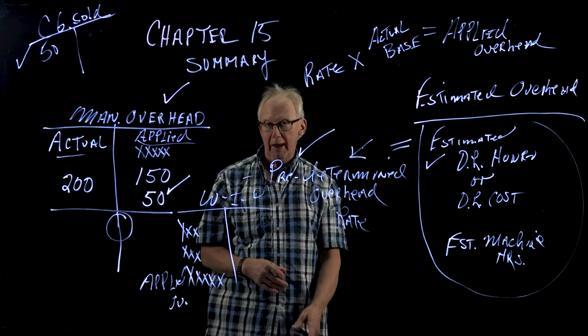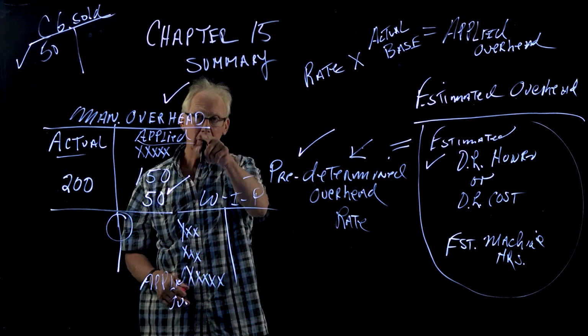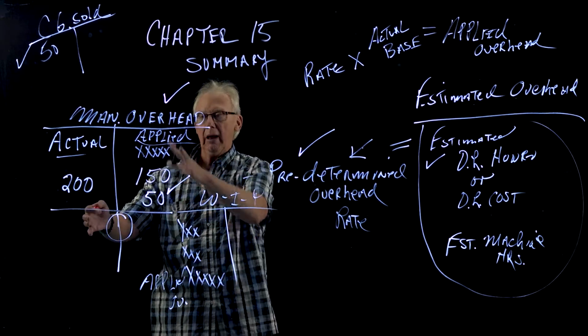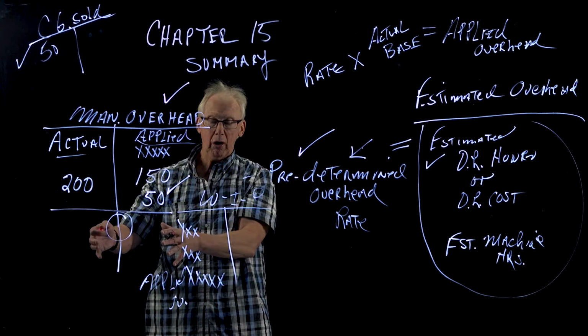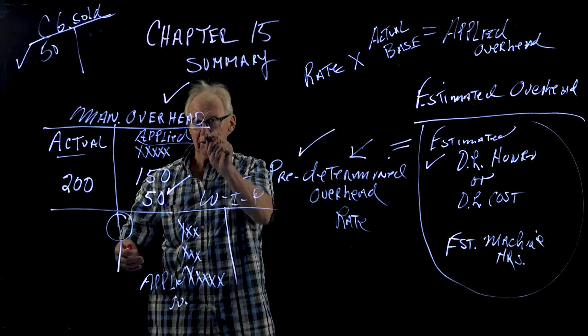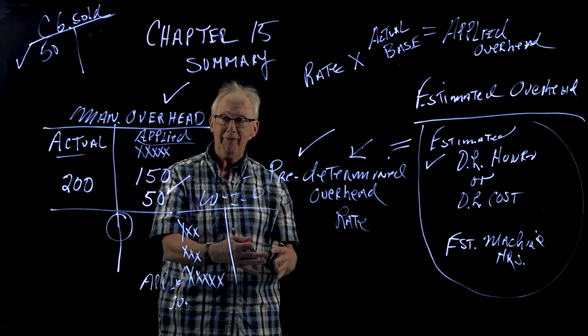And then it shows you that manufacturing overhead account that I'm talking about right here that houses all the actual overhead costs and all the applied overhead costs that you did during the month, okay? The applied would be what goes to the job to get the job finished.